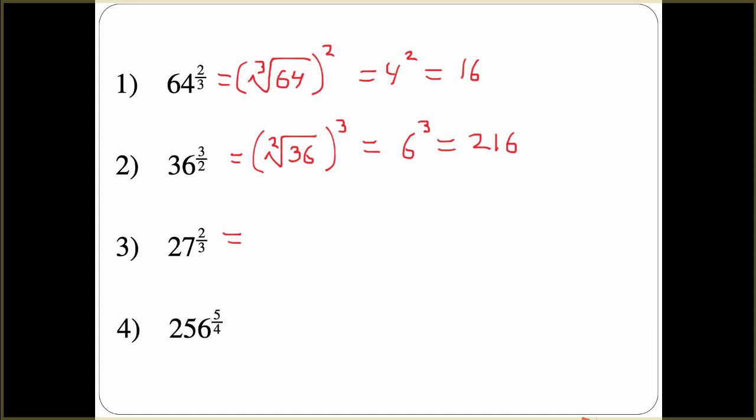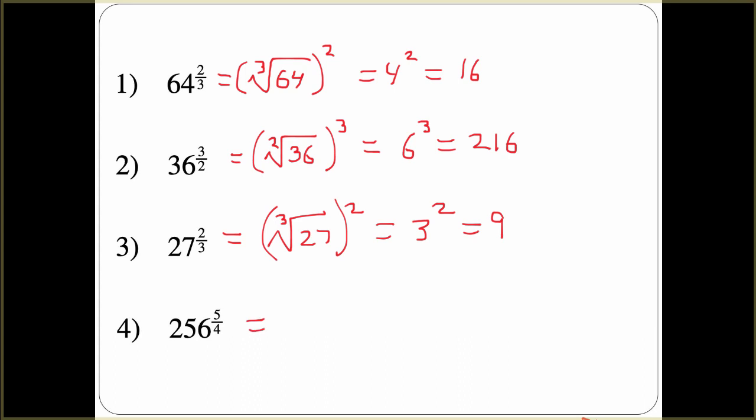The next we have 27 raised to the 2/3 power. Again, that denominator is what goes with the radical, so we're looking at the cubed root of 27, and this is all squared, which is our numerator of our rational exponent, and we get 3 squared, which is 9. And lastly, we have 256 to the 5/4.